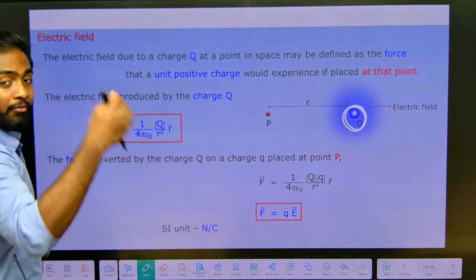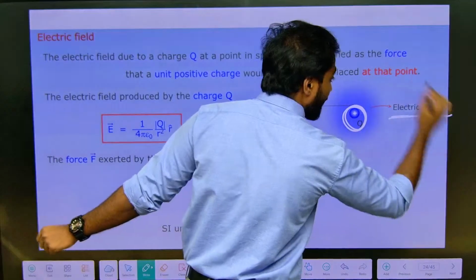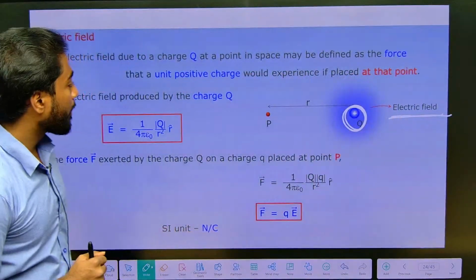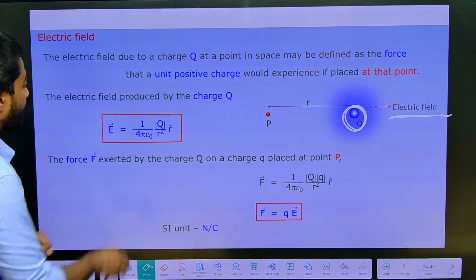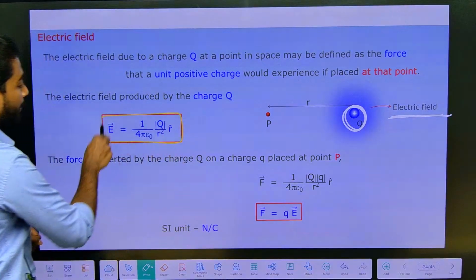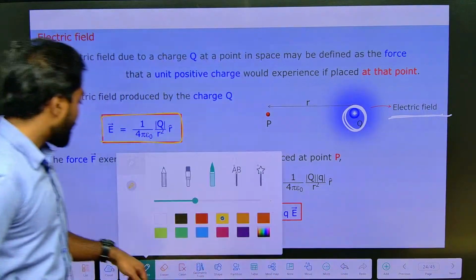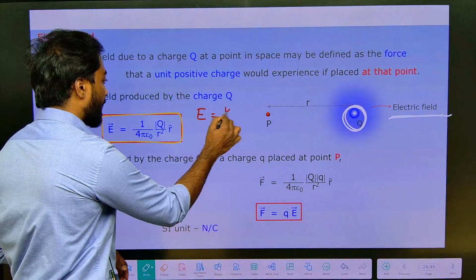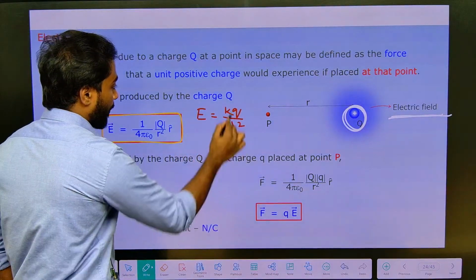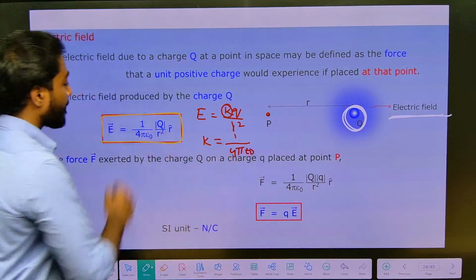So the electric field produced by the charge Q is E equals 1 by 4 pi epsilon naught Q by R square. We have written the formula E equals K Q by R square, where K is 1 by 4 pi epsilon naught.